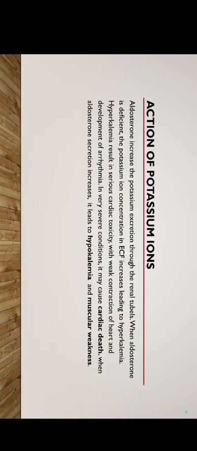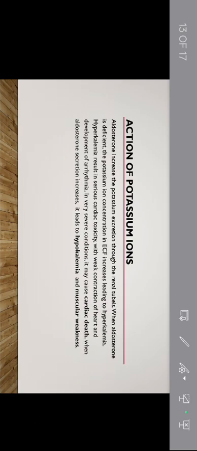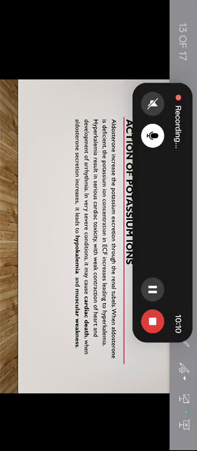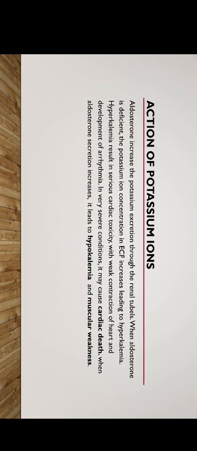Okay, now let's talk about the action on the potassium ion. Aldosterone increases the potassium excretion through the renal tubules. When aldosterone is deficient, the potassium ion concentration in the ECF increases, leading to hyperkalemia.